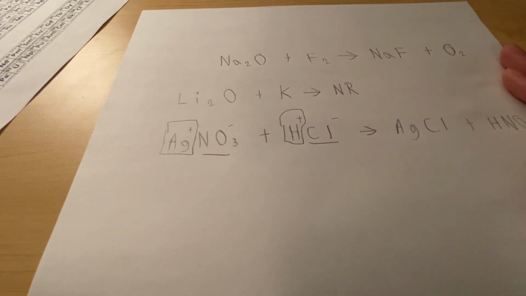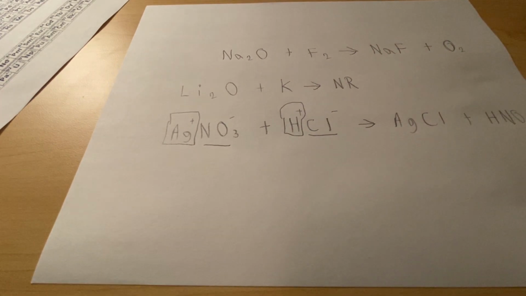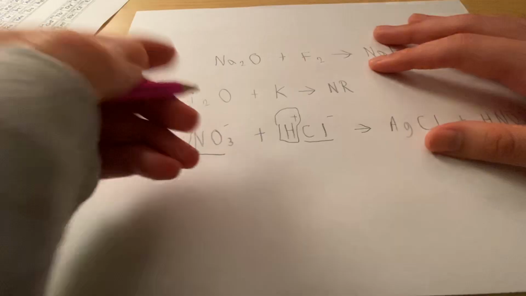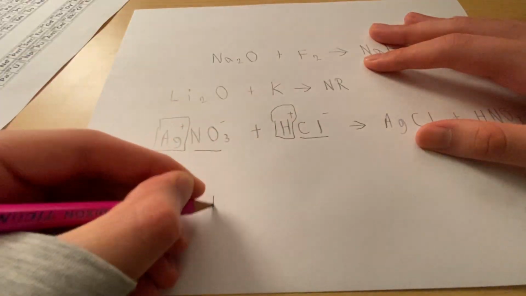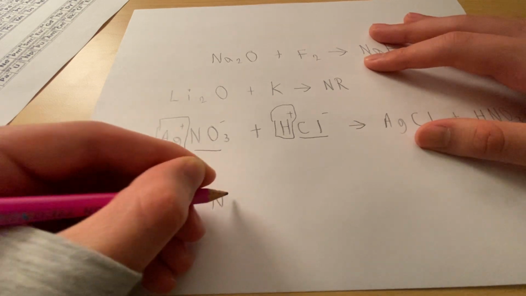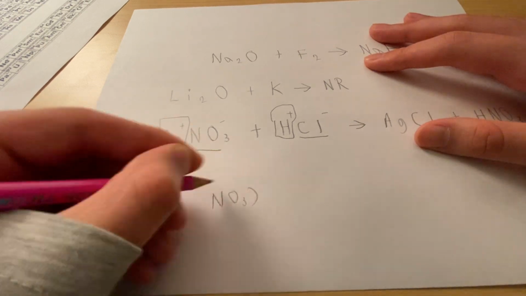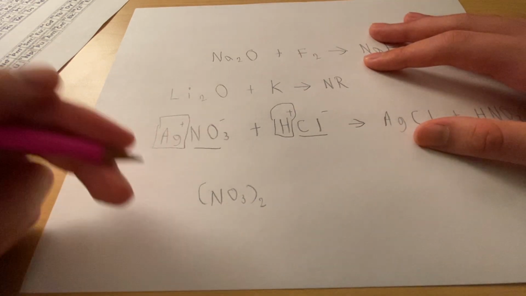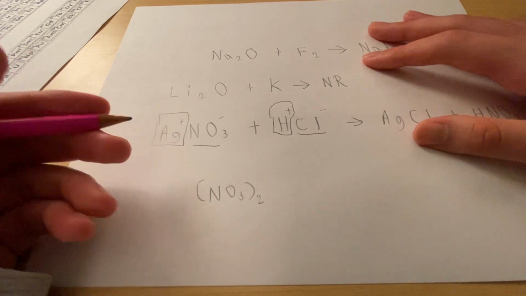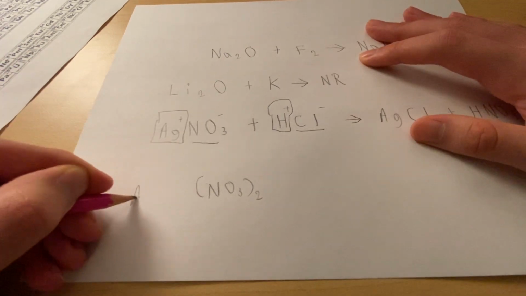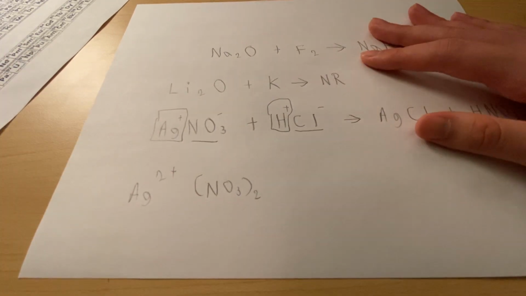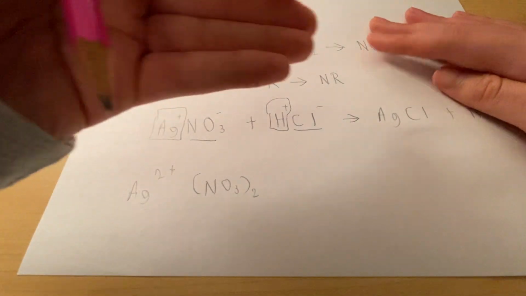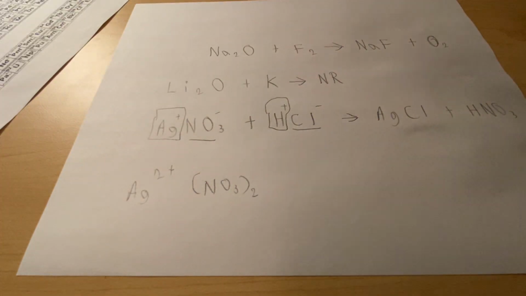Now, let's just say nitrate had a 2, so it was in brackets. That would mean the charge of silver would have to be 2+ to keep it balanced. And if it were 2+, you'd keep that in mind when you combined it with chlorine.